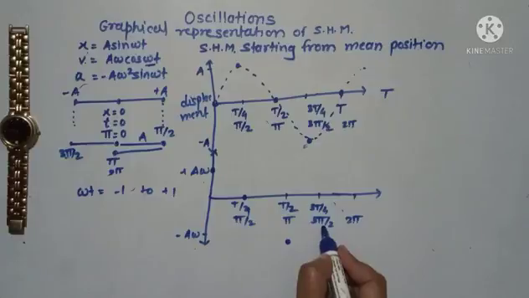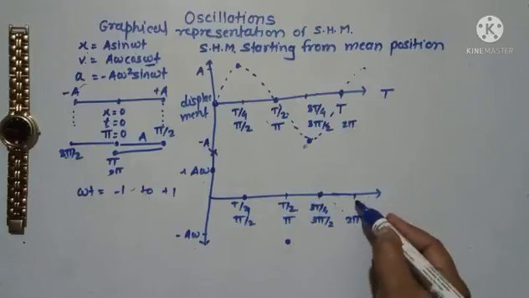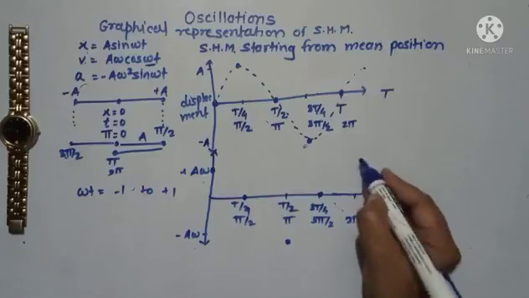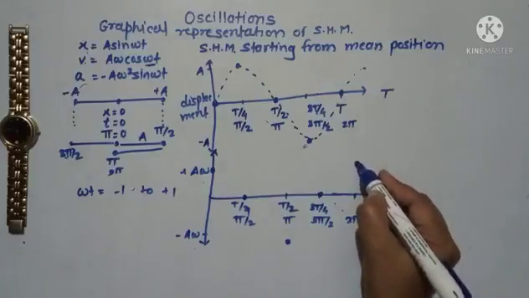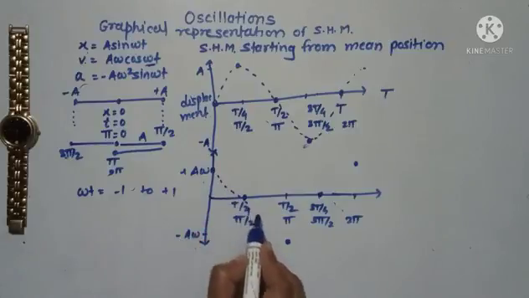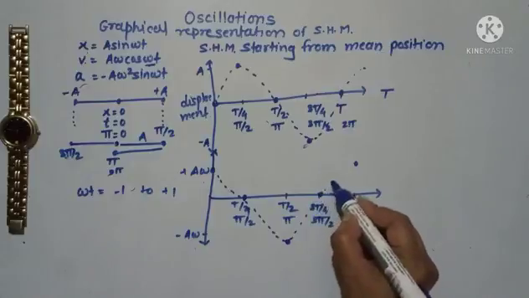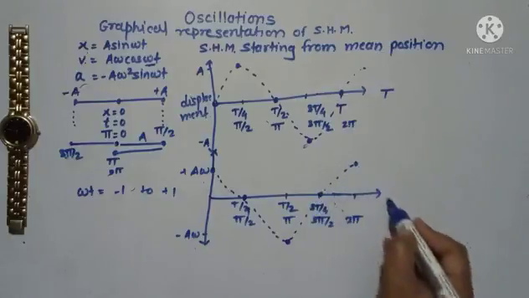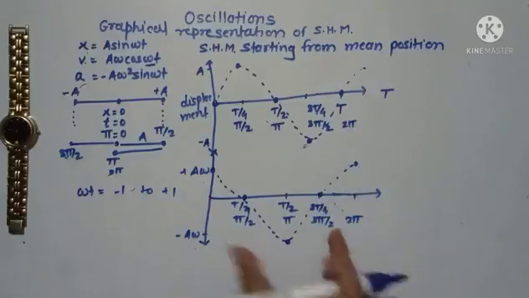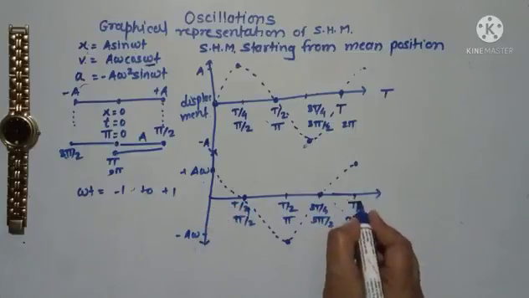Now cos of 3 pi by 2 is equal to 0 again, so the next point will come over here. And finally cos of 2 pi is equal to 1, therefore again it will come to a omega. Now the graph will be like this, and the same graph will repeat after the same time interval of 2 pi or the same time interval of T.